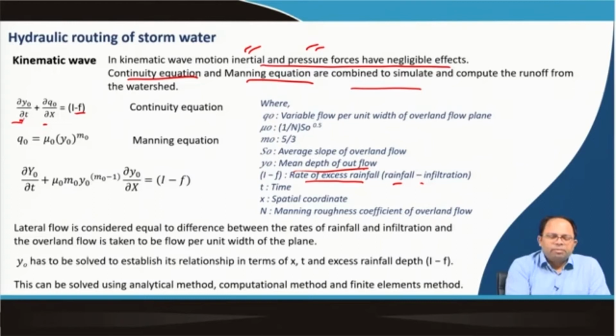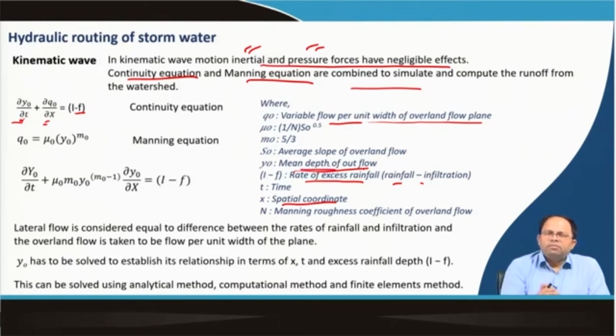And q_o is the variable flow per unit width of the overland flow plane, and x is the spatial coordinate, that means at what location we are determining this variable flow per unit width. So, we are considering both the flow as well as the height, and y_o is basically the depth of the flow.